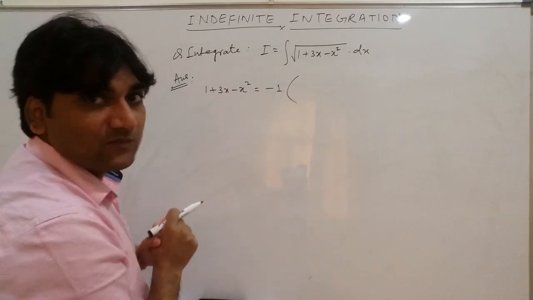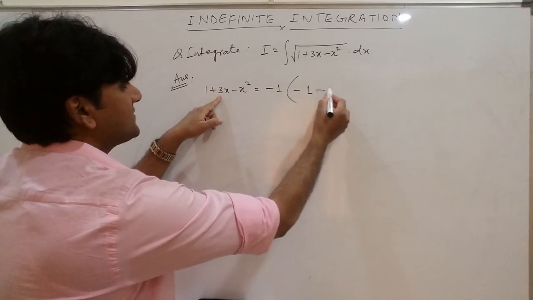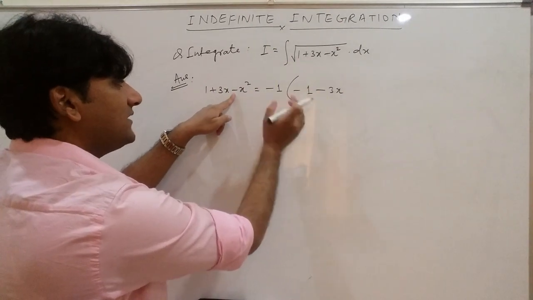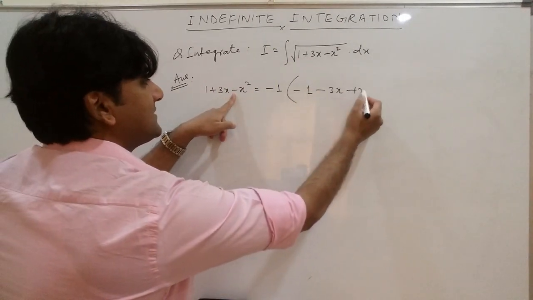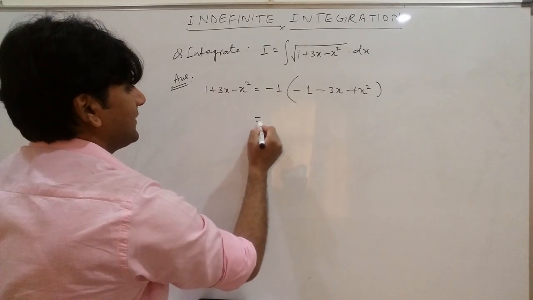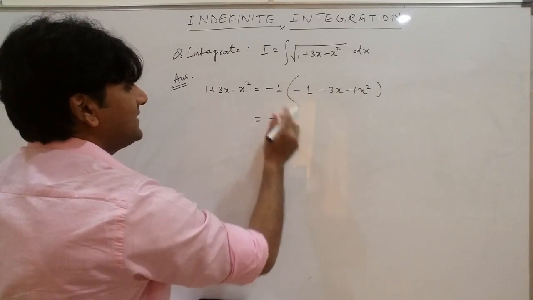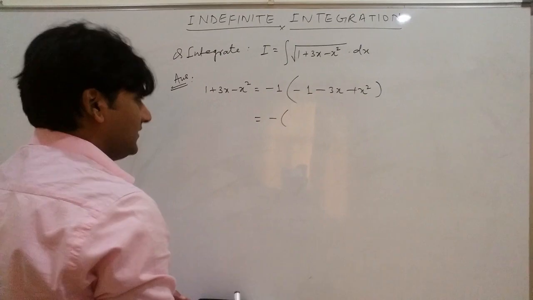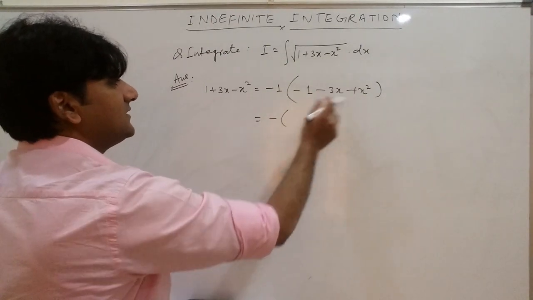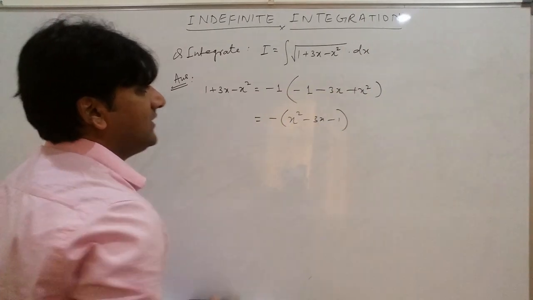Since we have taken minus 1, this is plus 1, so here you have to write minus 1. This is plus 3x, so here you have to write minus 3x. And here minus was already there and you have taken minus, so here you have to write plus. If you multiply these two again, you will get the same thing, minus minus plus, plus 3x and minus x squared. So this is minus times x squared minus 3x minus 1, right?